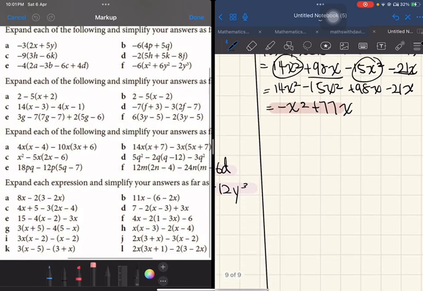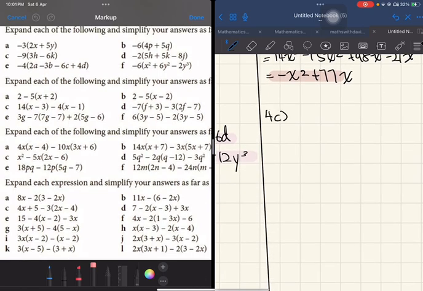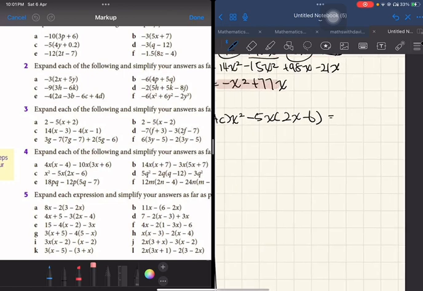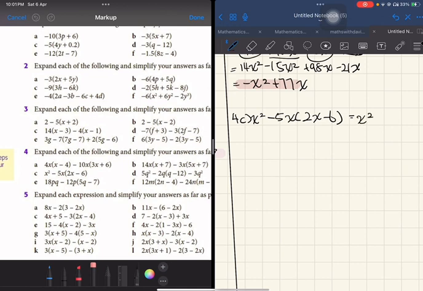Question 4C. x squared subtracted by 5x and 2x subtracted by 6. Alright, let's write x squared here first. Negative 5x times positive 2x, we can get negative 10x squared.